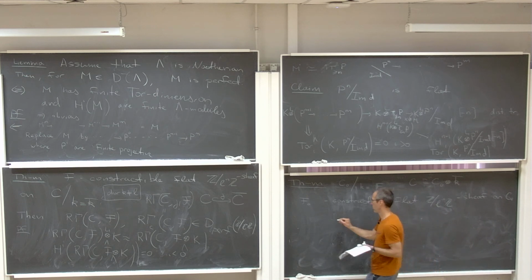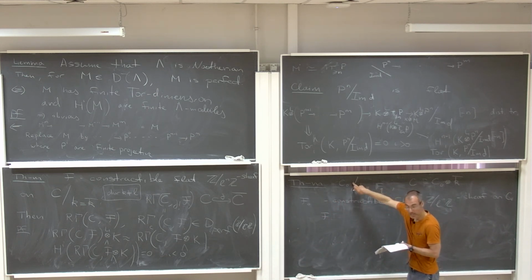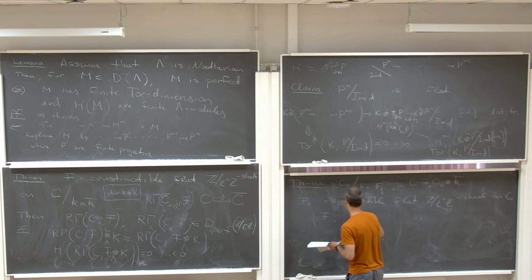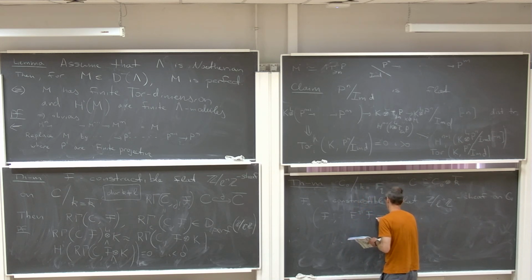I will denote by F its pullback to C, and it comes together with the Weil structure. Right, because it's a pullback.